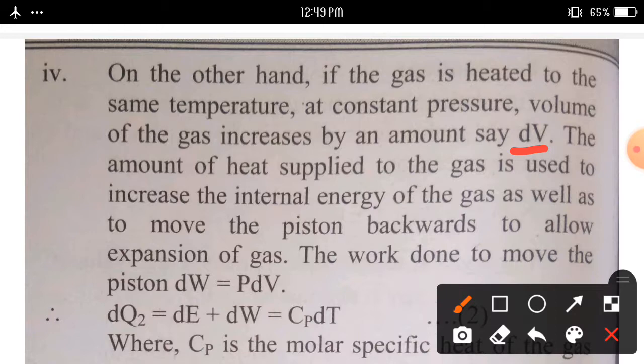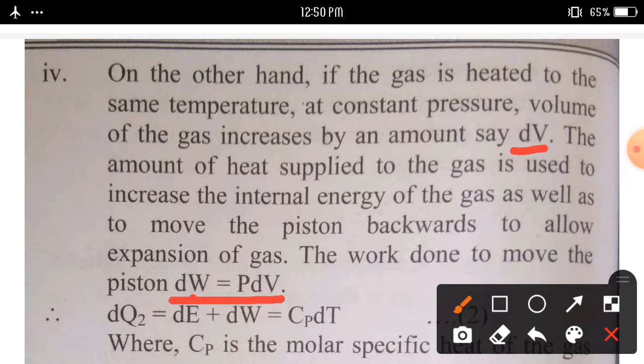The amount of heat supplied to the gas is used to increase the internal energy of the gas as well as to move the piston backward to allow the expansion of the gas. The work done to move the piston is dW equal to P into dV.